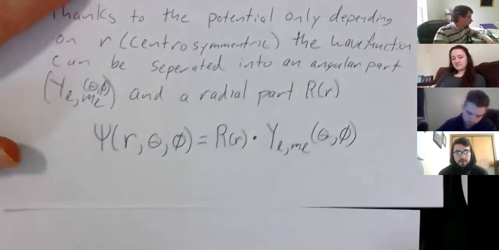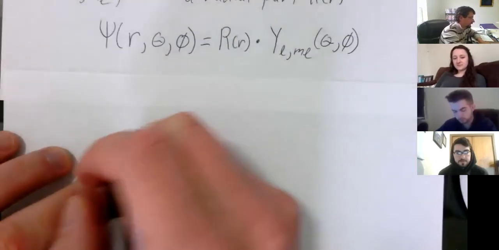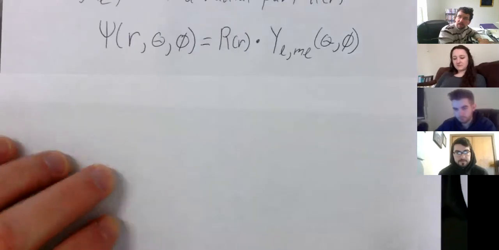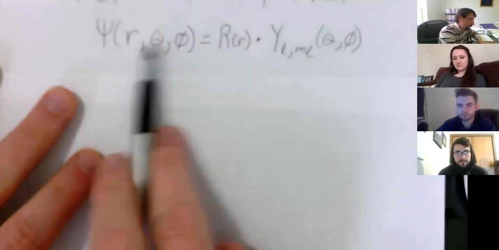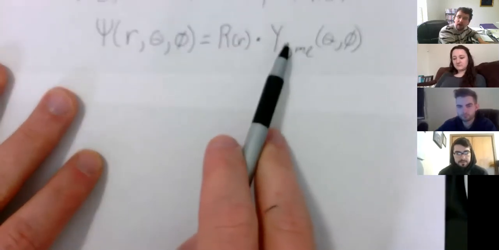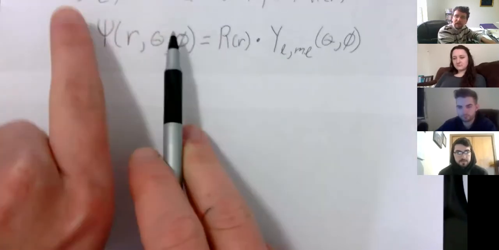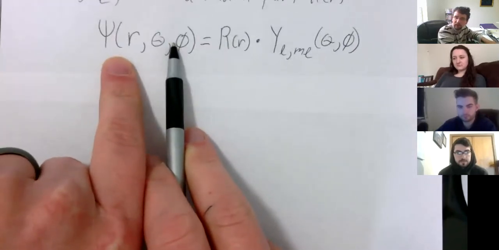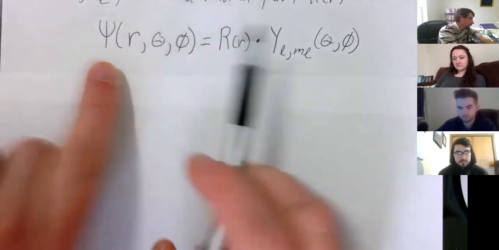Okay. What we're going to ask now is, can the Schrodinger equation actually be separated? Can we put this into separable, solvable expressions, because we have R and we have Y. We multiply these two wave functions together and we get the resulting wave function, the one that actually describes how our electrons behave.